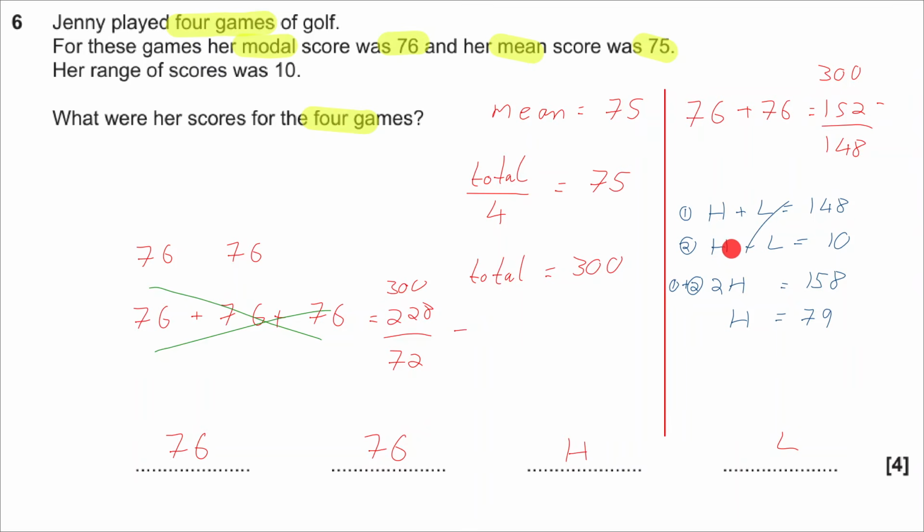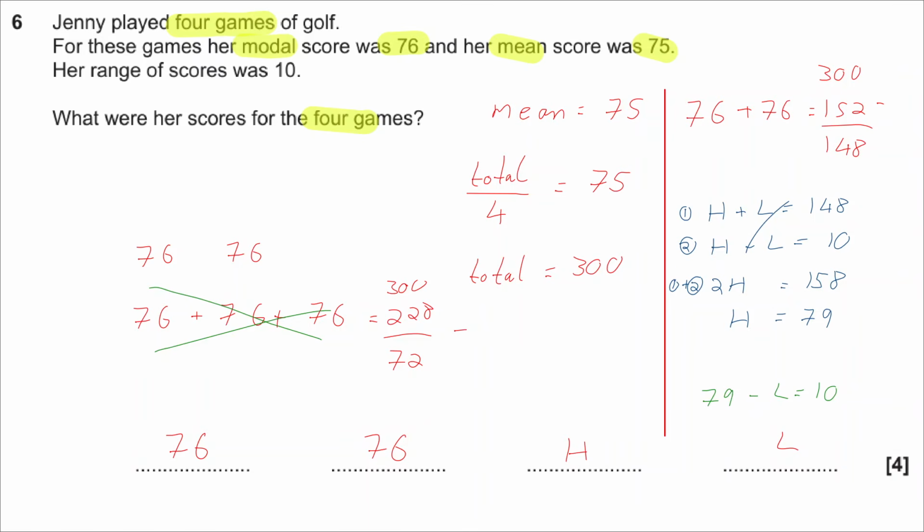And of course, now to get the lower value, you can put it back into one of these. So let's put it into equation 2, because why not? Your highest value, which is 79, take away the lower value, must equal 10. Therefore, your lowest value must be 79 take away 10, which gives you 69.